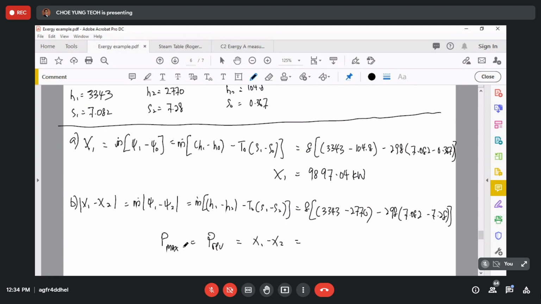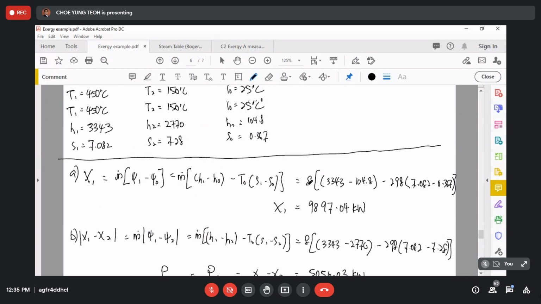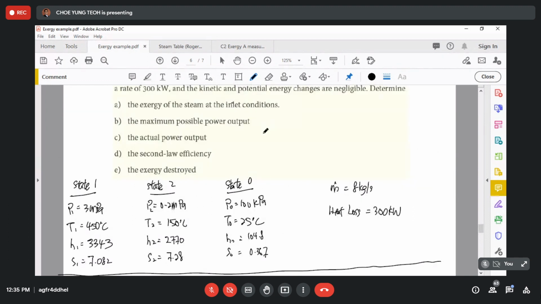It's the same meaning, reversible power or maximum power. Okay, I get 5,056 kilowatt. So x1 and x2.